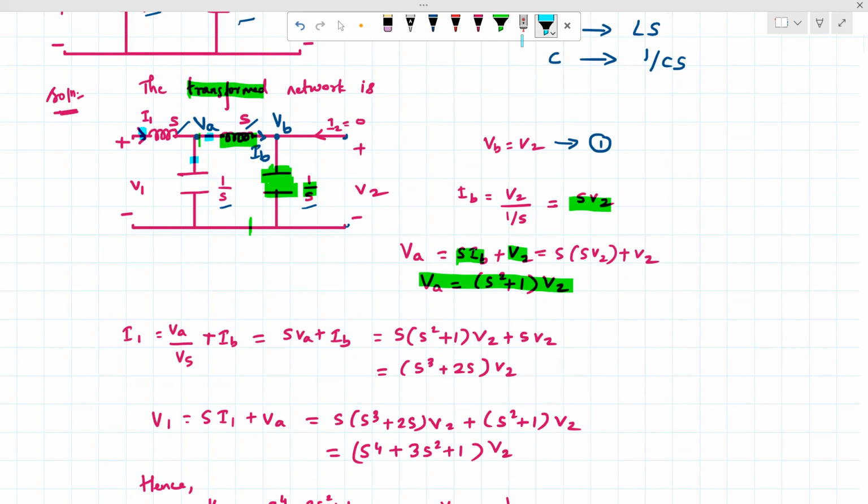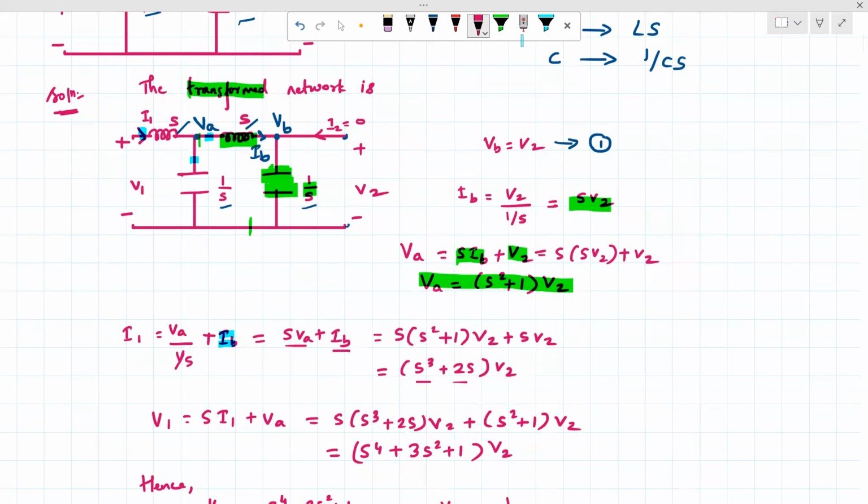Here the current is IB which is going, and the current which is going here is VA divided by 1 by S, which will give you S into VA. Then IB I have written the same. Now we will substitute the value of VA and IB and simplify it. So we get (S cube plus 2S) into V2.